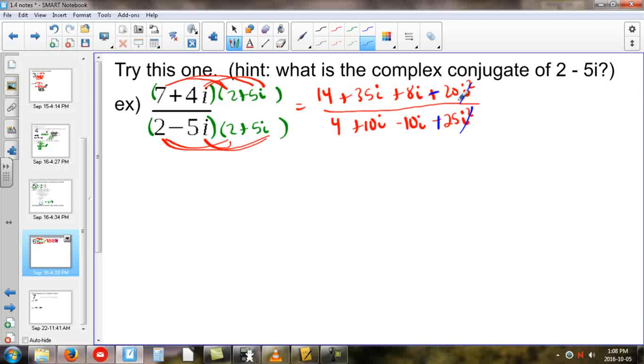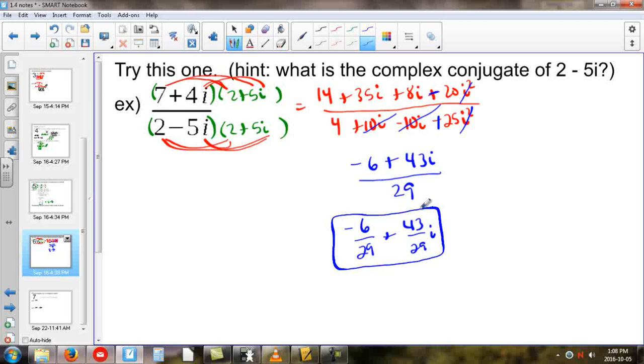So if I combine my like terms, real numbers together, imaginary numbers together, on top 14 minus 20 is negative 6, plus 35 plus 8 is 43i. That's all over. The 10 and the negative 10 cancel. I have 4 plus 25, which would be 29. Now, if I finish this off, I'm going to get negative 6 over 29 plus 43 over 29i. That's its standard form answer.